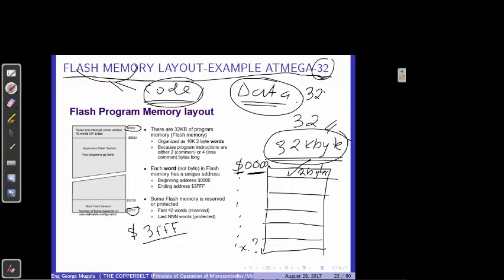It will be 32 times, because we know that 1 kilobyte is equal to 1024 bytes. So if we multiply 32 times 1024, what do we get? We're going to get 32,768, if my memory serves me right.